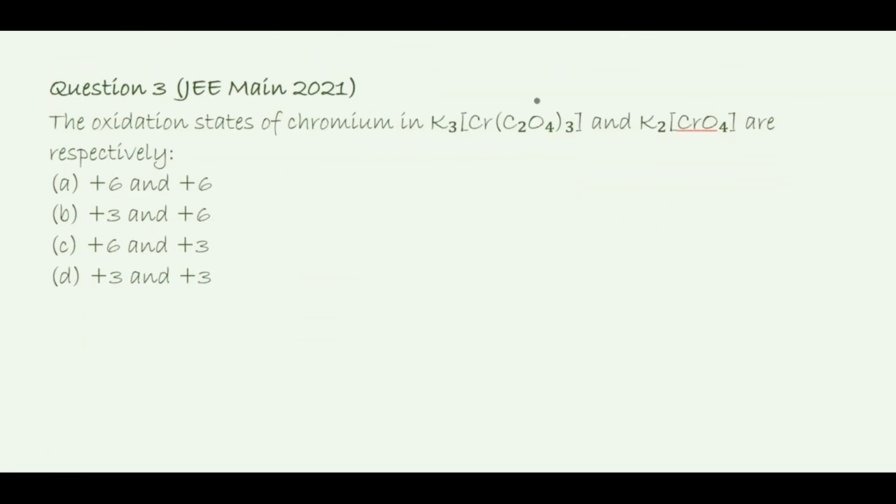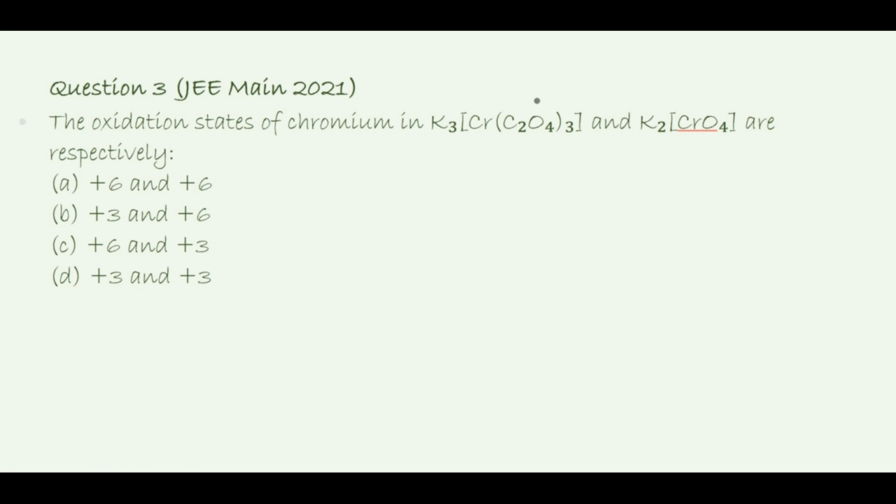Then the next question: the oxidation state of chromium in K3[Cr(C2O4)3]. I told you this kind of question can be combined with coordination complex questions. Here they are asking about the oxidation state of chromium. So this is a complex.